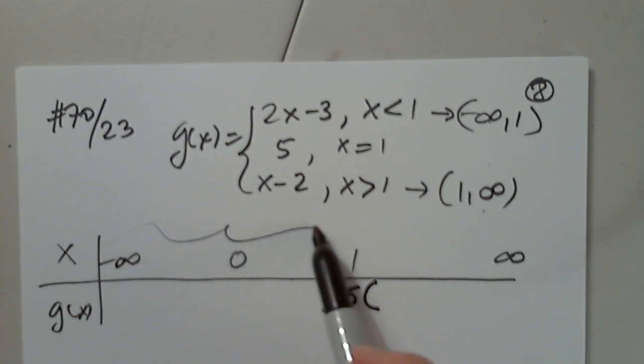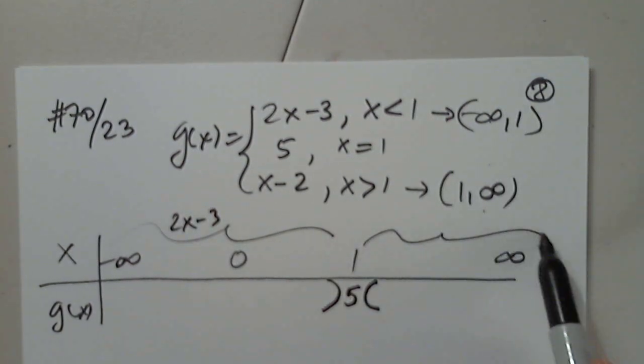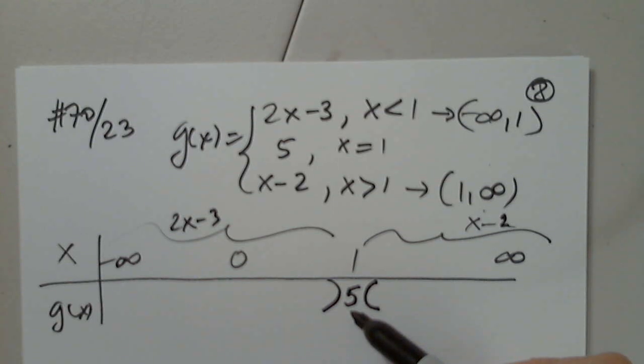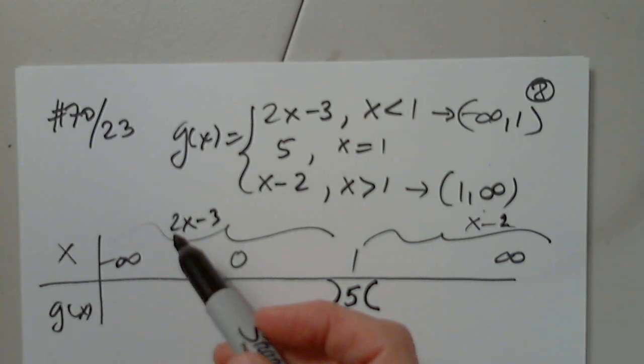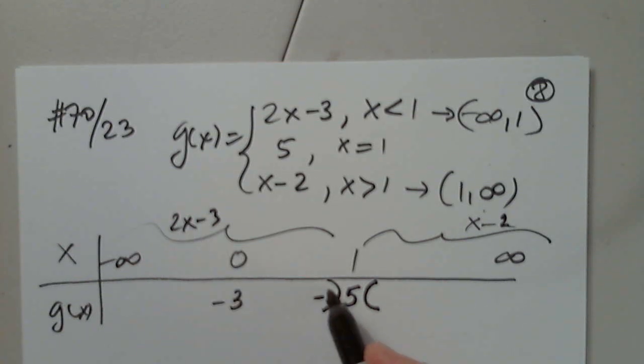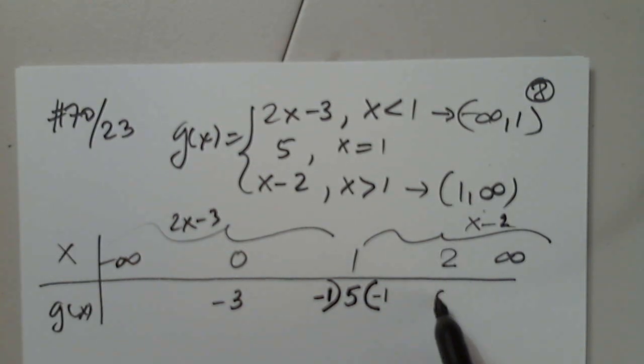On this piece, I'm using 2x minus 3. On this piece, I'm using x minus 2. For x equals 1, I have 5. I plug in 0, I get -3. I plug in 1, I get -1. I plug in 2, I get 0.